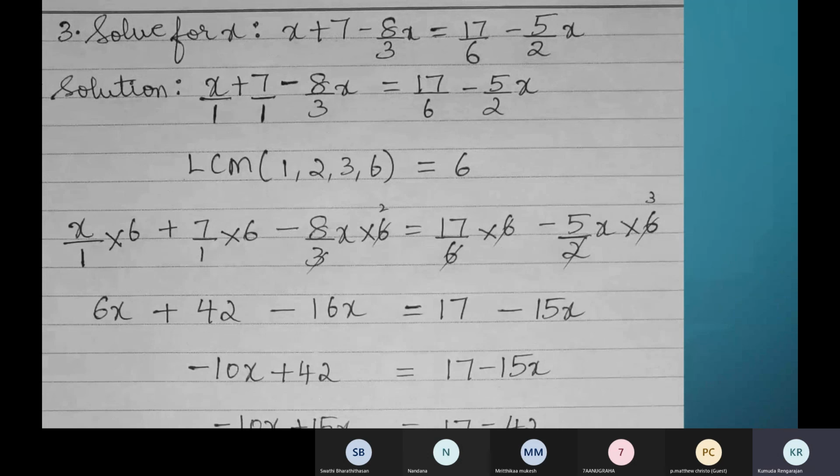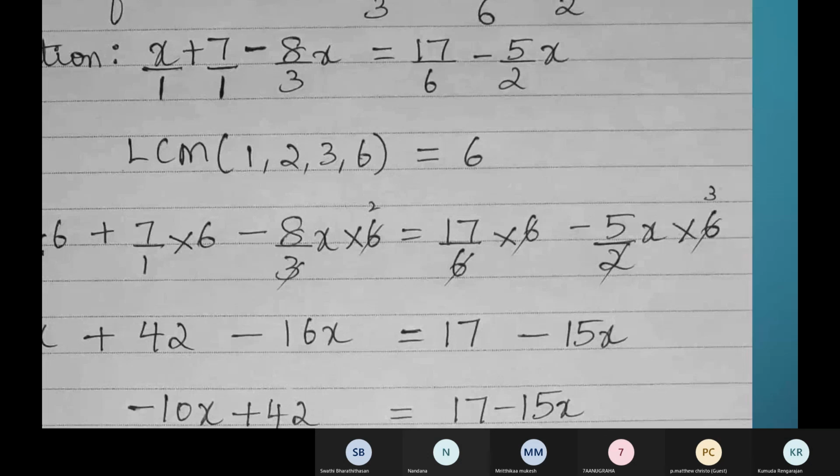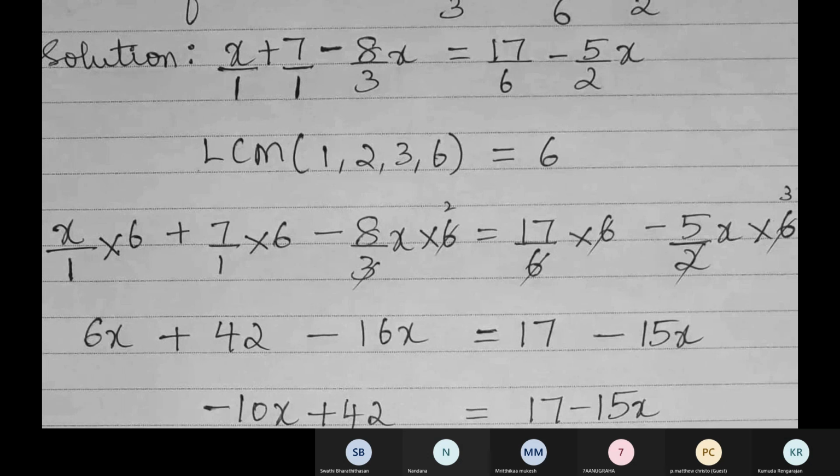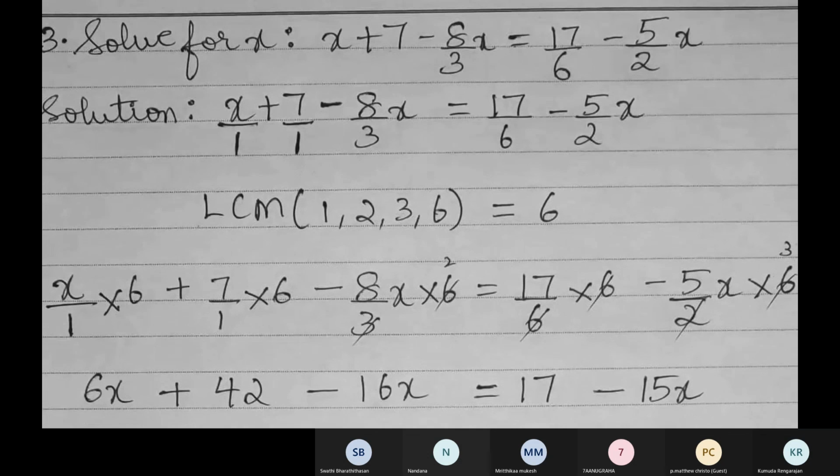Whatever you see on the screen is a clue for you. Children, I said try this by yourself. Please work this in your book.